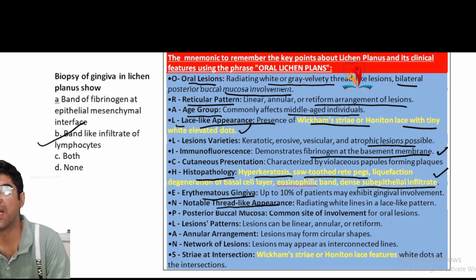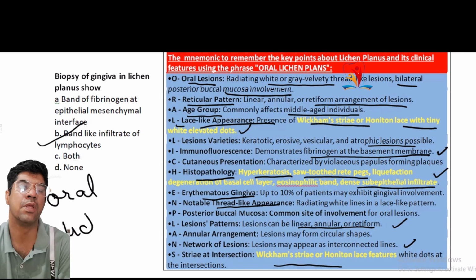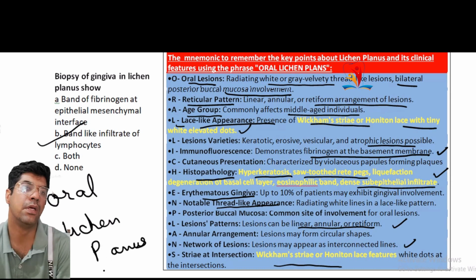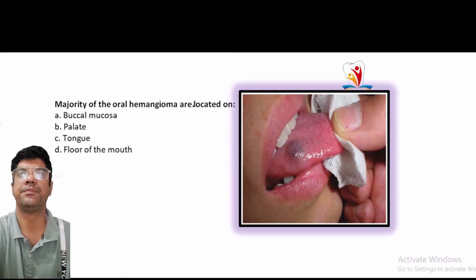Erythematous gingiva, thread-like appearance. Common site of involvement is buccal mucosa. Lesions can be linear, annular, or retiform in appearance. Lesions may appear as interconnected lines or Wickham stria. White dots may be seen. So the mnemonic is oral lichen planus. Remember that for your exam, things are very easy with the mnemonic, to remember and learn them.